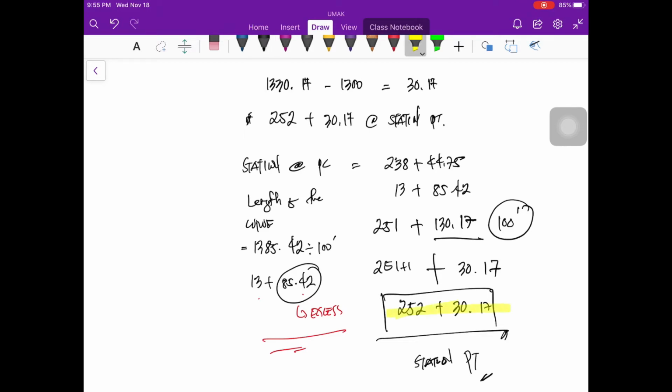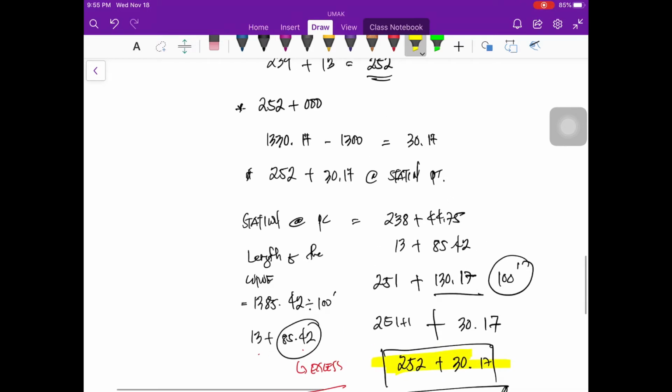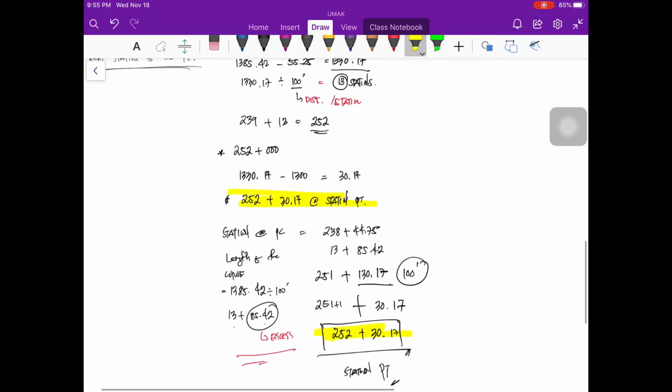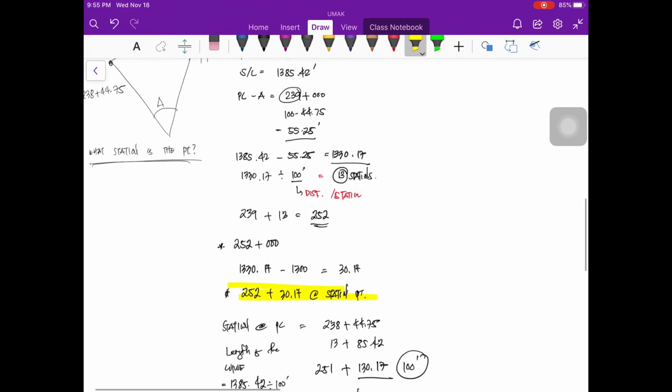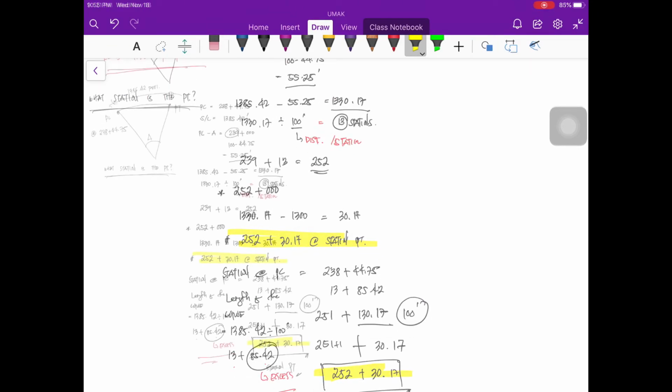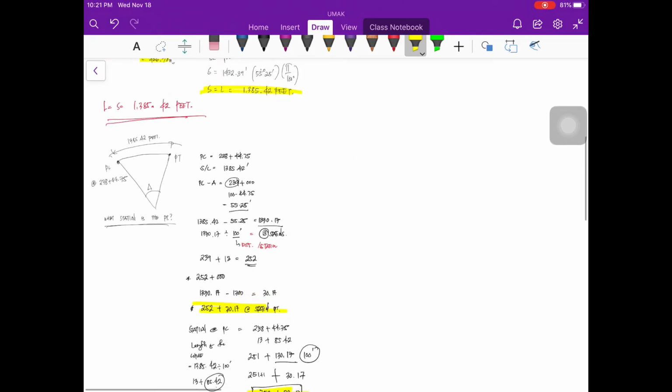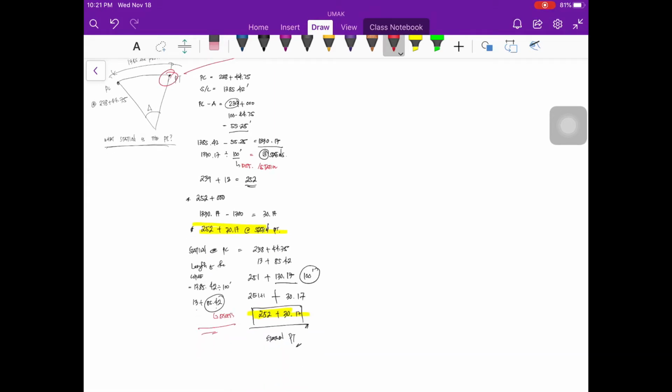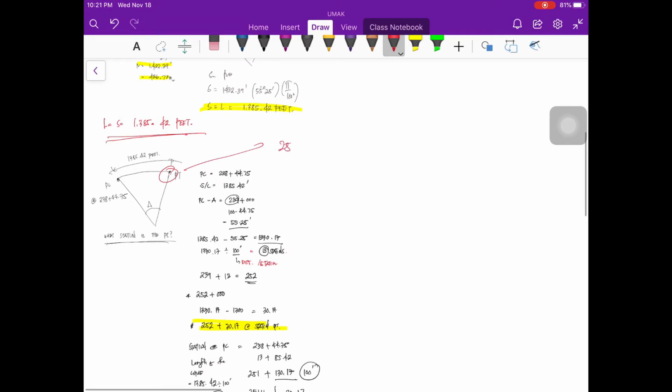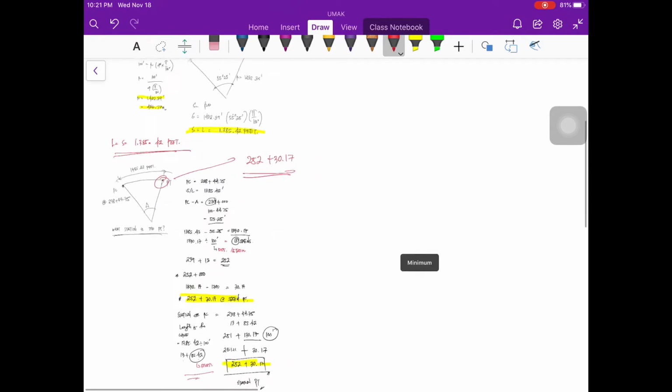I hope it's clarified. It's either you do this or you do this, so it's up to you. So your station at PT is at 252 plus 30.17.